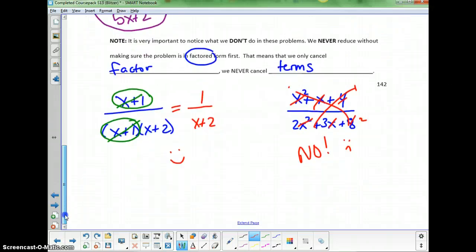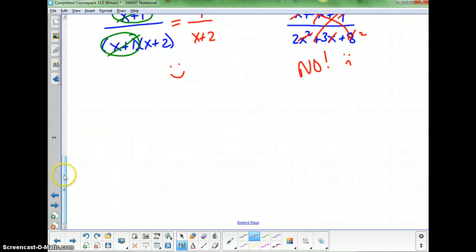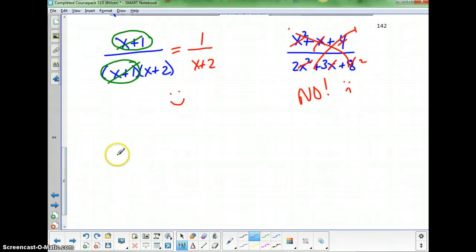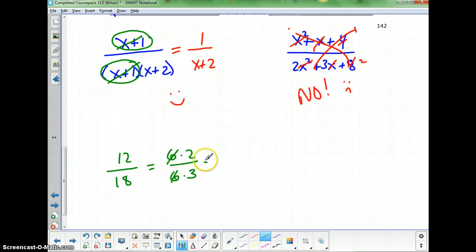And if you would like an explanation for a reason for this, when we're looking at regular fractions, we know it's okay to say something like 12/18 is going to reduce because it's 6 times 2 and 6 times 3. And we're going to divide both top and bottom by 6, and we're going to get 2/3.